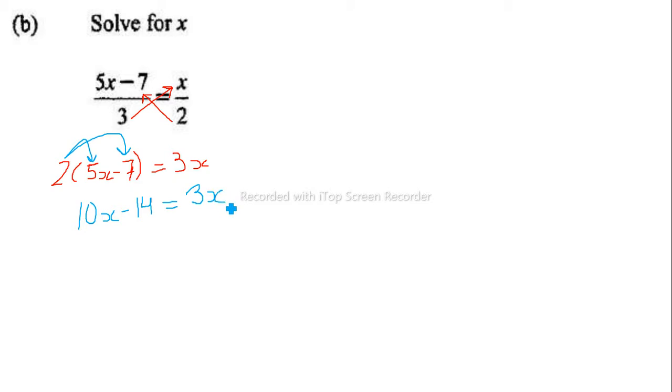And now we gather like terms. So what goes where? Carry the 3x to the left or to the right?